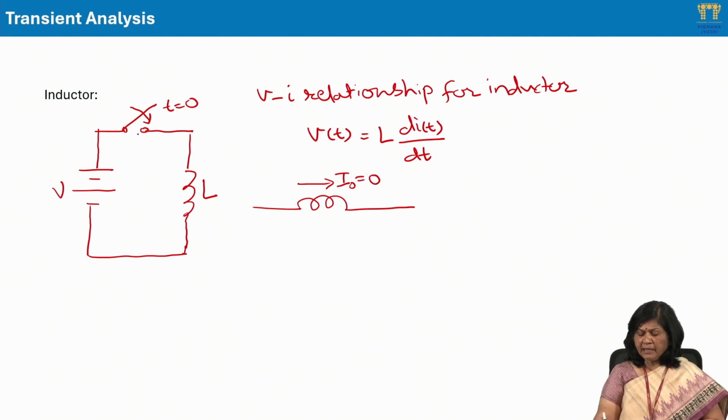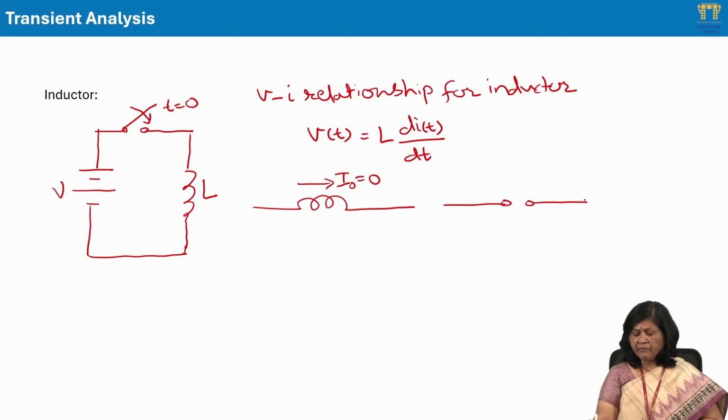When there was zero current, that means this inductor will behave like an open circuit, because di by dt cannot change instantaneously. Like voltage cannot develop across the inductor suddenly, right?